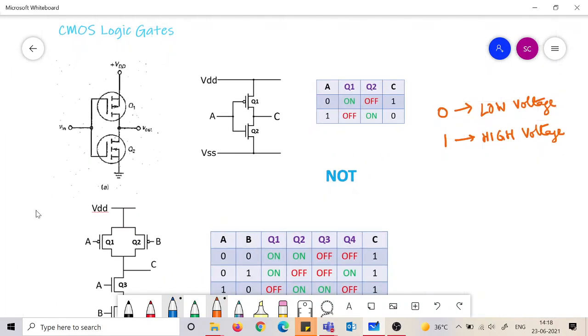So what is happening here, you see one of these is NPN, so this is the NPN and this is the PNP. So if you give a high voltage here, then what happens?